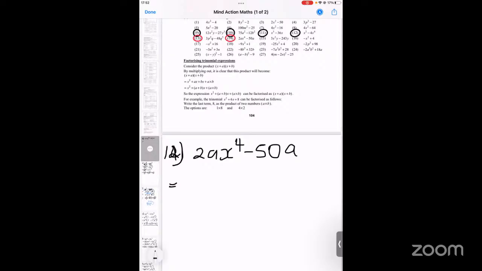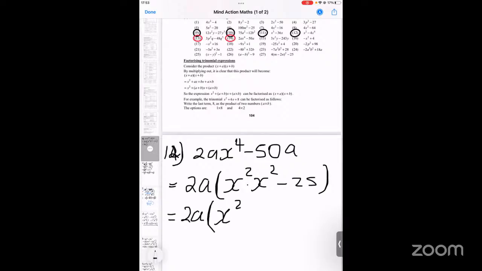I said 2a, bracket, x to the power of 2 times x to the power of 2, minus 25, close bracket. Then I said 2a, bracket, x to the power of 2 times x to the power of 2, minus 5 to the power of 2.